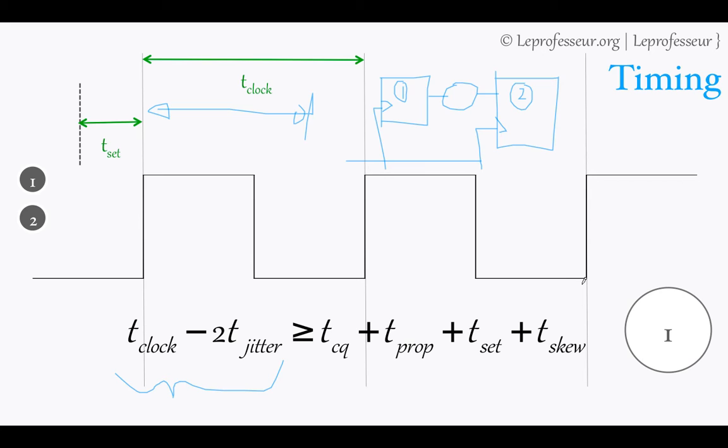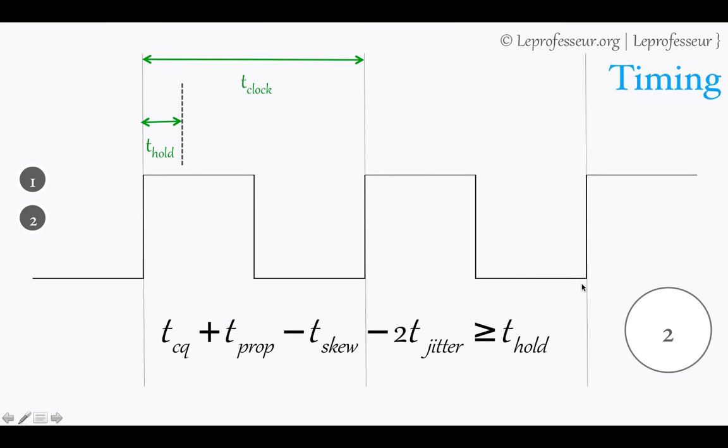All right. In the same way, let's talk about the hold time constraint. The hold time constraint is simply saying that the input to the flop should not change in this window. So remember this drawing, we have these 2 flip-flops.